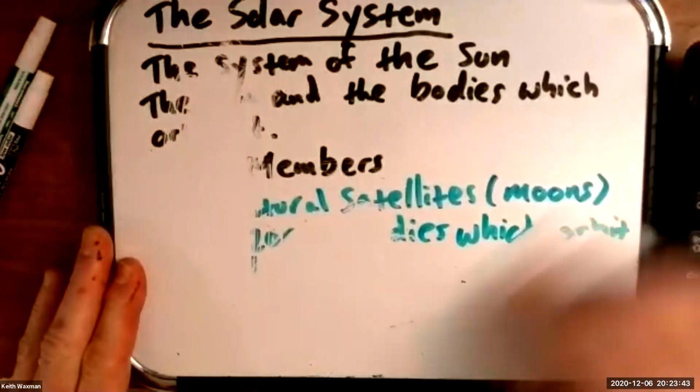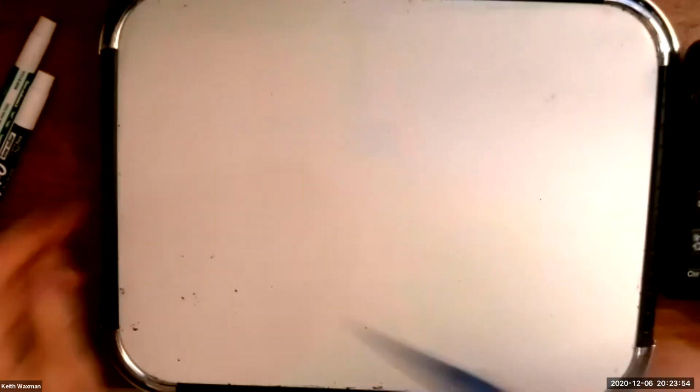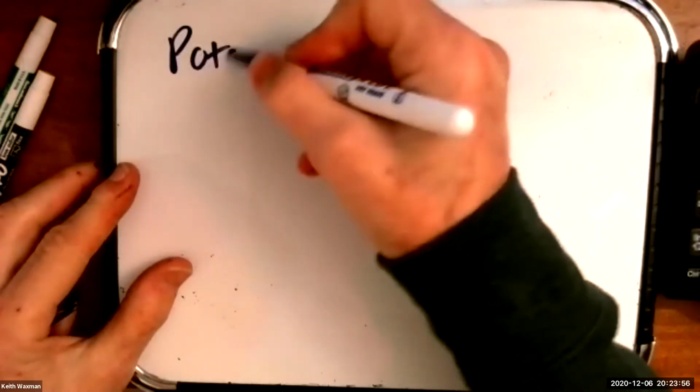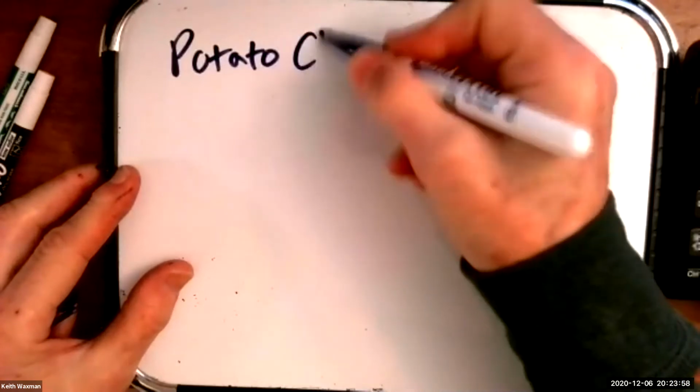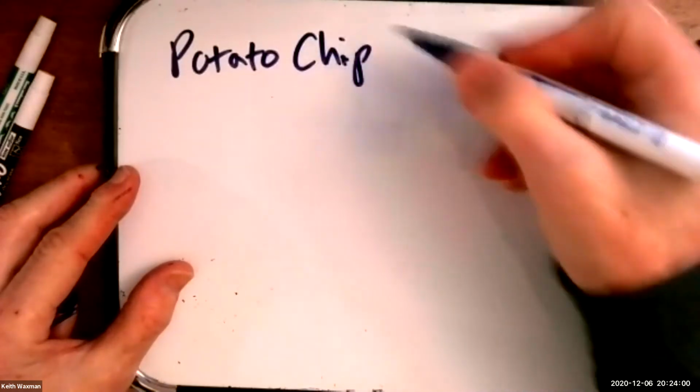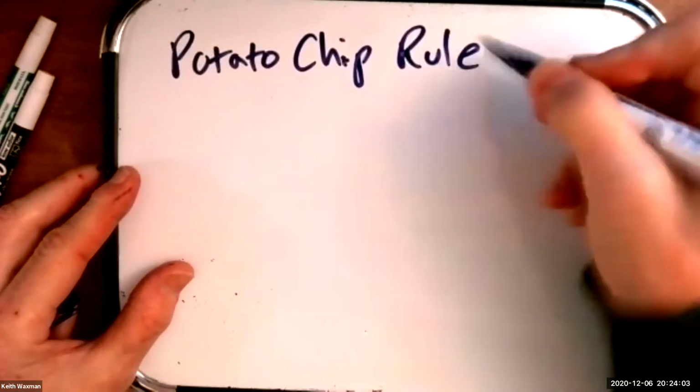This rule is called something, and I've got to write this down. This is important. This rule, because it is seen very clearly with potato chips, is called the potato chip rule. Potato chip rule.